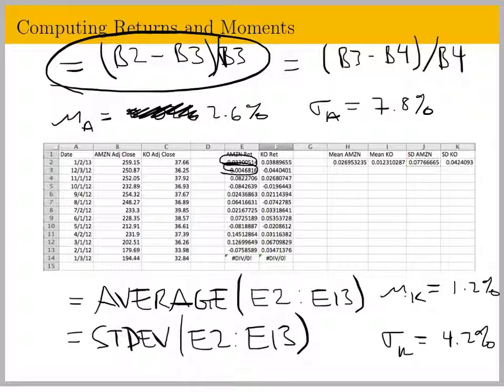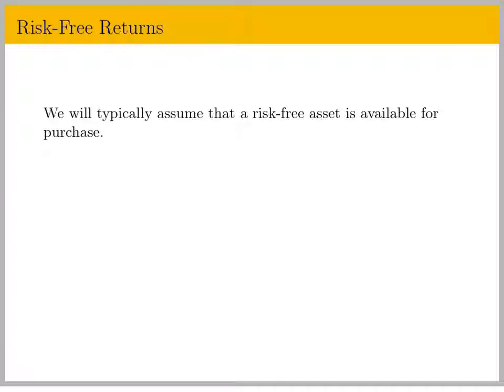So Amazon has a higher expected return, just in the toy example that I plotted above, and a higher standard deviation. We'll talk about this more a little bit later.